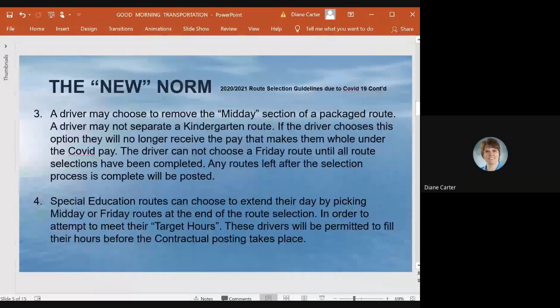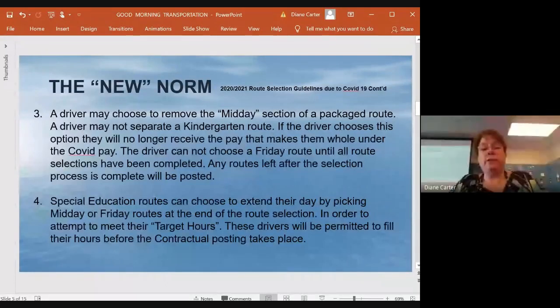Special education routes can choose to extend their day by picking midday or Friday routes at the end of the route selection in order to attempt to meet their target hours. These drivers will be permitted to fill their hours before the contractual posting takes place.